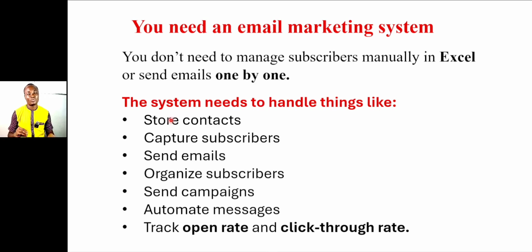So when you want to take orange, you know the basket to go to. It's different from one single basket that contains orange, beans, and granite at the same time. It gives you more work and makes things complicated for you. That is why organizing your email list by list, basket by basket, is the best practice, right? That system will also send campaigns and automate messages, and it will also track the open rate and the click through rate of your email.